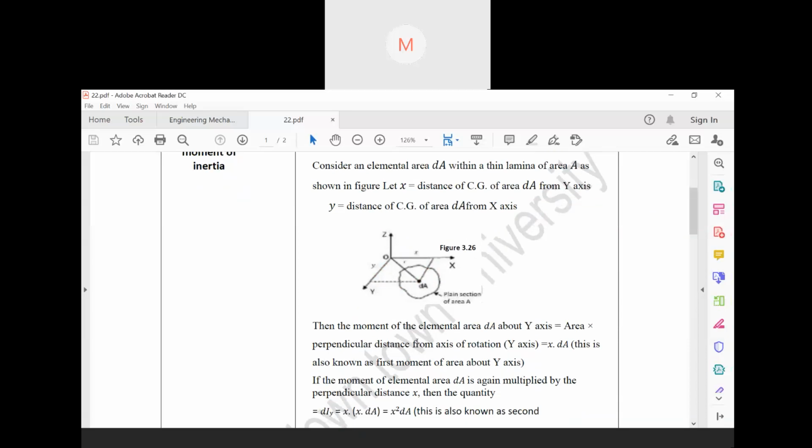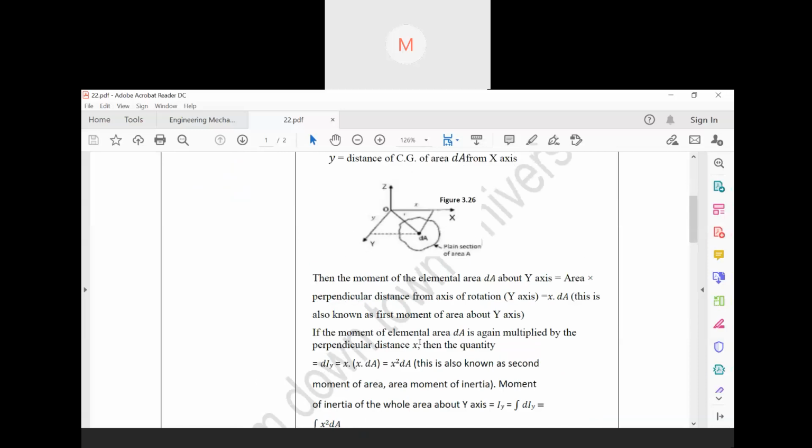Now the moment of the elemental area. Moment means force into perpendicular distance. Now the moment of this small area dA about the y-axis is the area, that means dA, into the perpendicular distance from the axis of rotation.